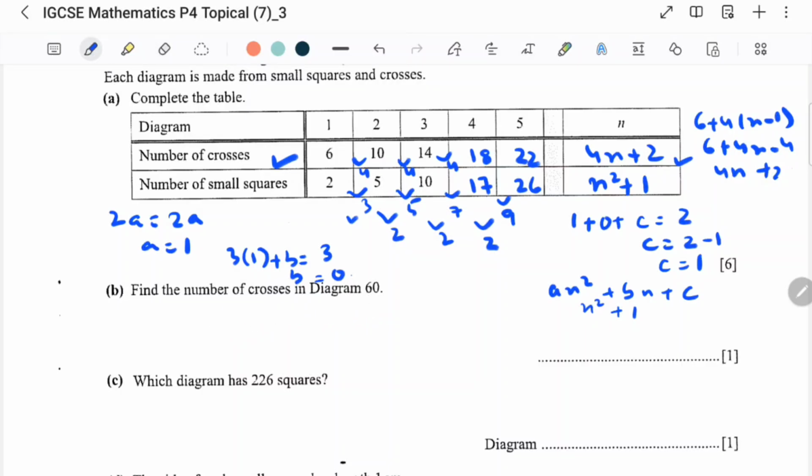So you just substitute the value of n: 4 times 60 plus 2, that is equal to 240 plus 2, 242.